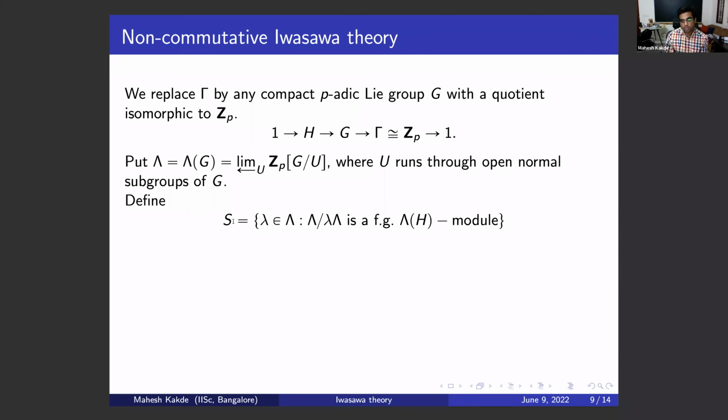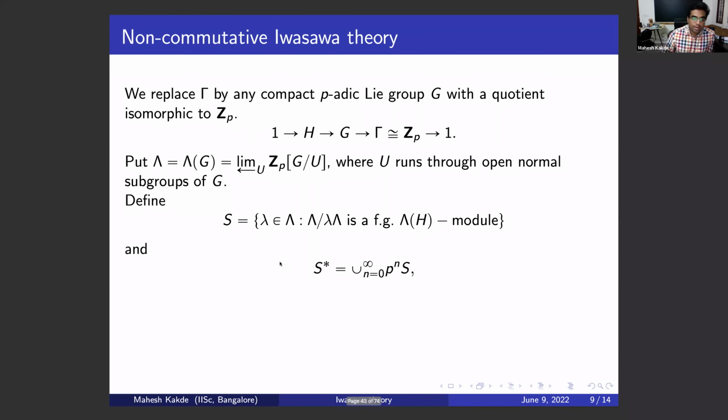This will be all power series in the power series ring ZP double bracket T whose coefficients are not all divisible by P. Okay, so S will be the complement of the ideal generated by P in that particular case.